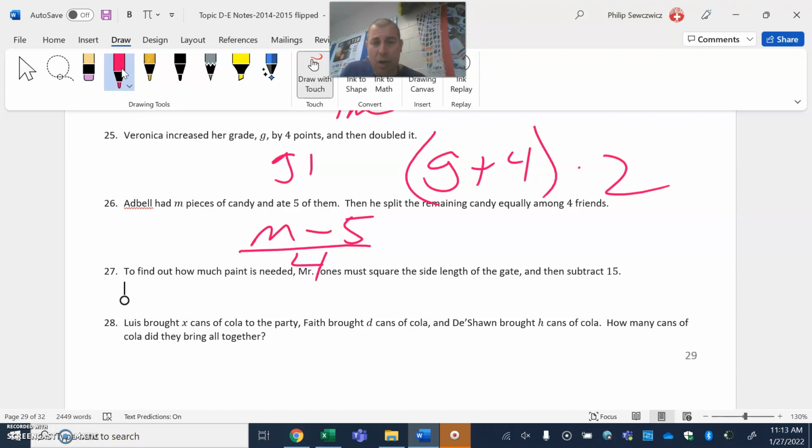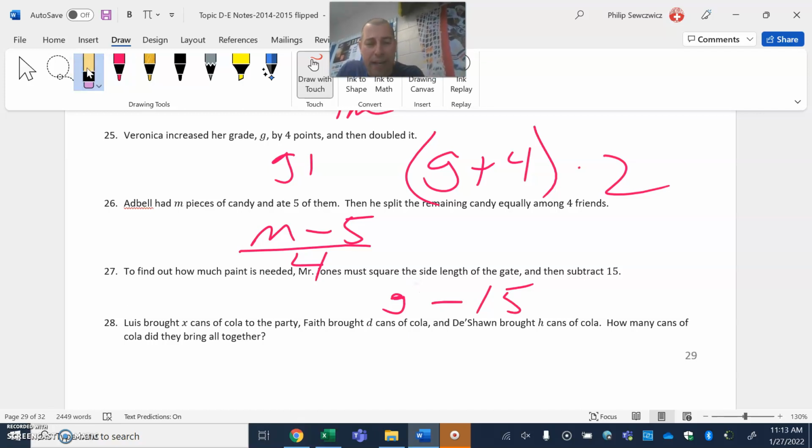I could call it G for the gate. I don't like to use the S because my S looks like a 5, but I could. I do need to square it. Square it means it's an exponent, repeat multiplication. So G to the second power, and then we're going to subtract the 15. So G to the second power and then minus the 15.